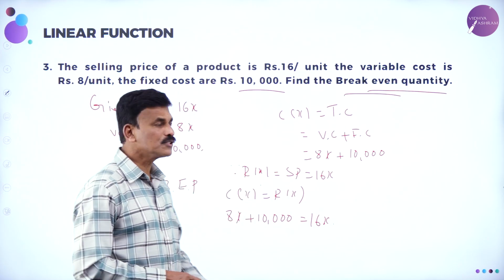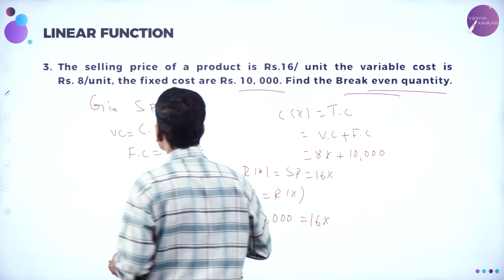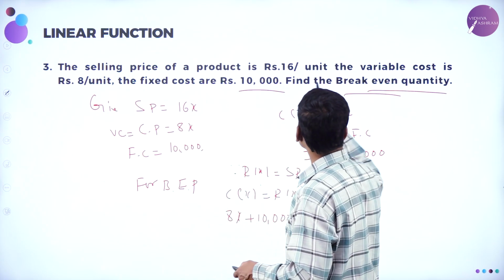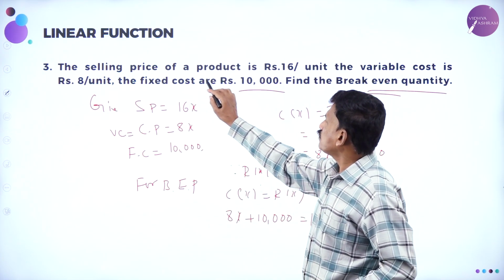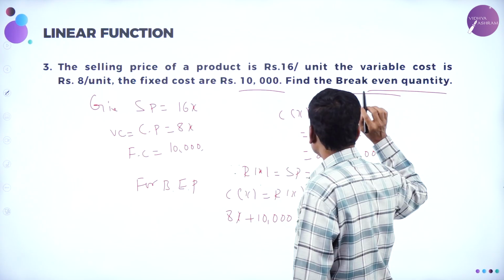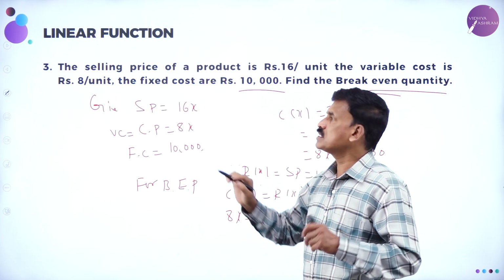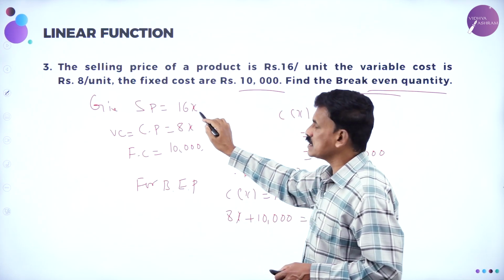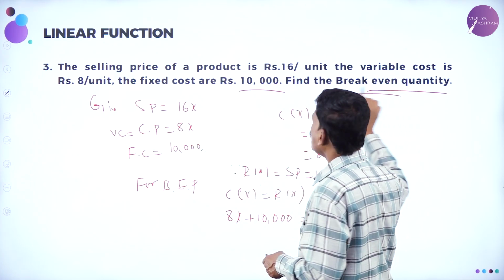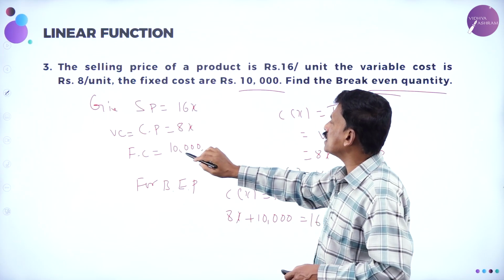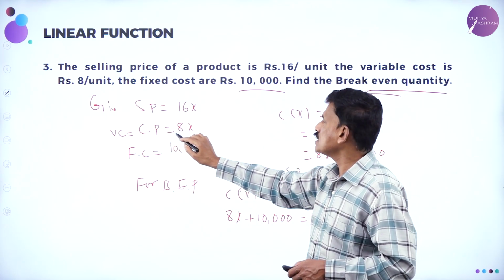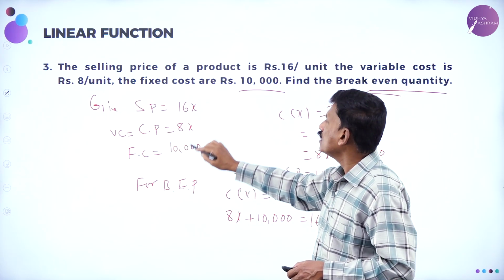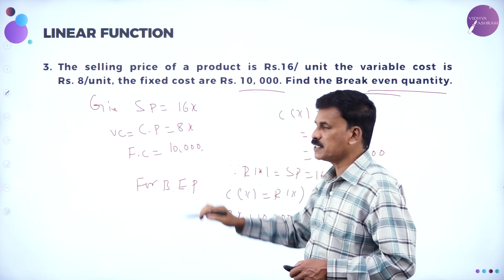Okay. Now, listen to me. So, what is given? SP is equal to 16x, that is, the selling price of a product is, let us consider x units, x is the number of units. So, the selling price of a product is rupees 16 per unit, that is 16x, and the variable cost is rupees 8, that is variable cost, VC or CP is equal to 8x per unit, and the fixed cost is 10,000.